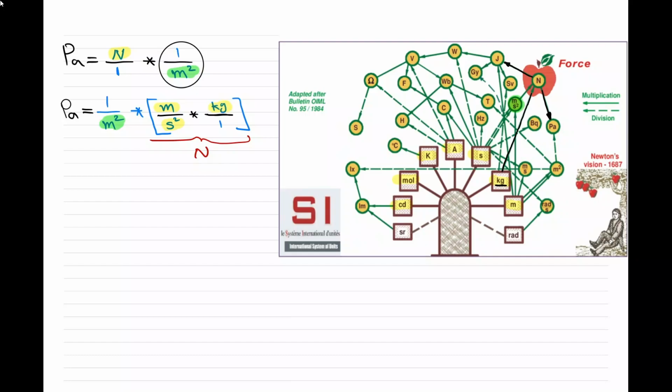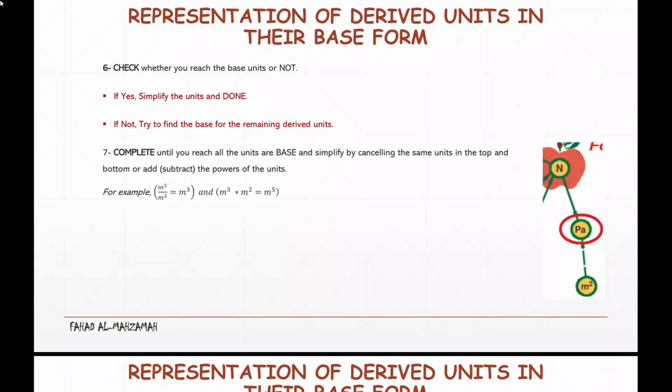So as we said, in this step it says complete until you reach all the units are base, okay? And what does it say? Simplify by cancelling the same units in the top and bottom, or add, subtract the powers of the units.